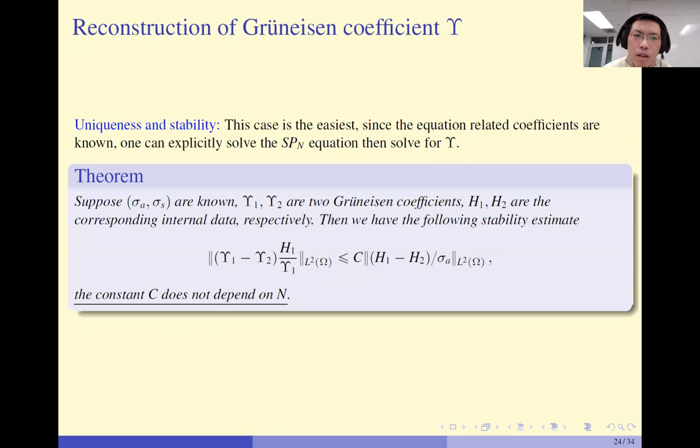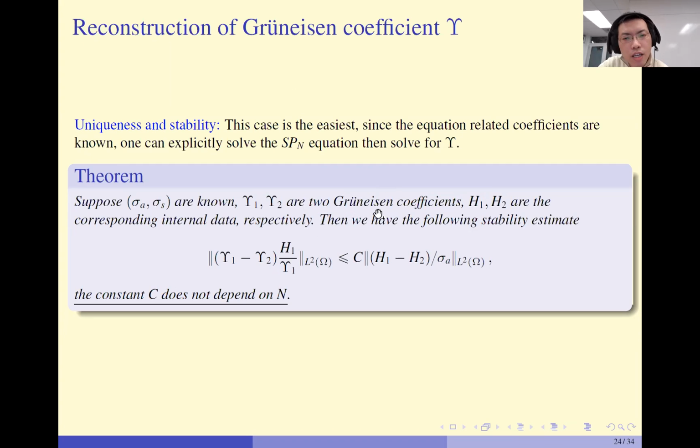Okay, so another scenario, and here I want to talk about the reconstruction of the coordination coefficient. This case is probably the easiest one, since suppose we know the absorption coefficient and scattering coefficient, then the model is completely known.